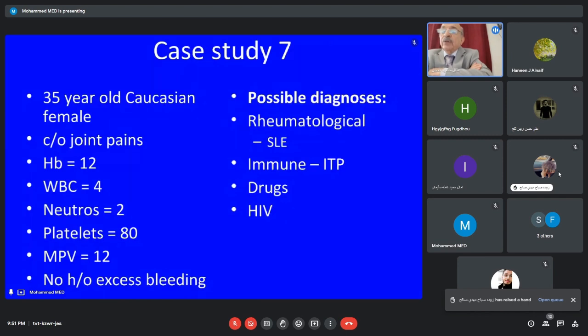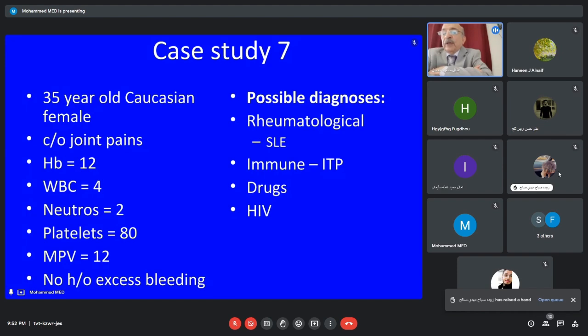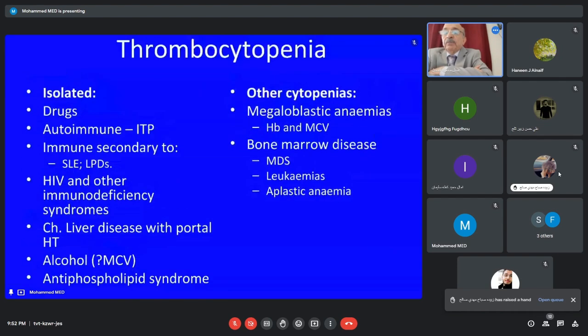Possible diagnosis: rheumatoid arthritis, SLE, or ITP, autoimmune or immune thrombocytopenic purpura. Drugs can cause this picture, and HIV can cause this picture, but let us further study and investigate this patient. So go to the next slide, please.